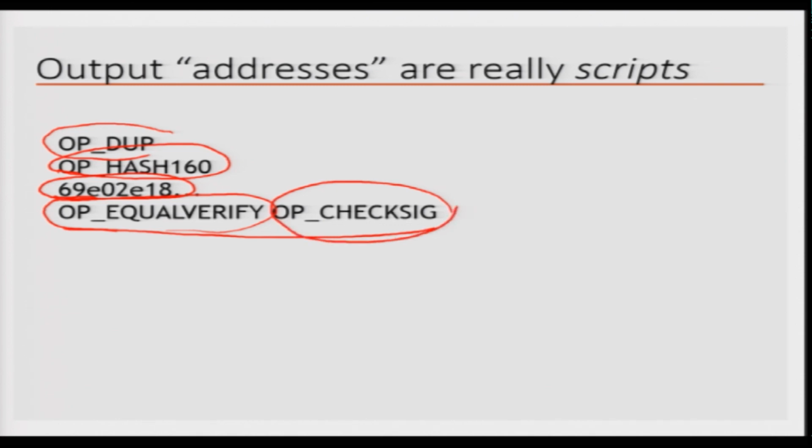If you have the signature and the public key, then if you apply OP_CHECKSIG, it will verify that the signature is decipherable with the public key. That means it was created by the private key of the corresponding public key. So, these are called opcodes of the language.